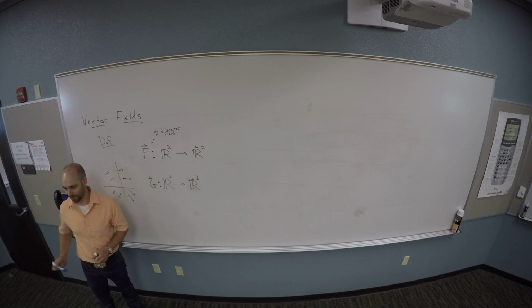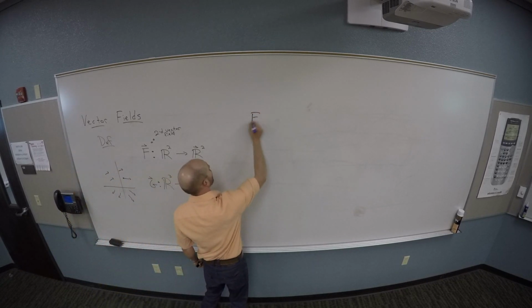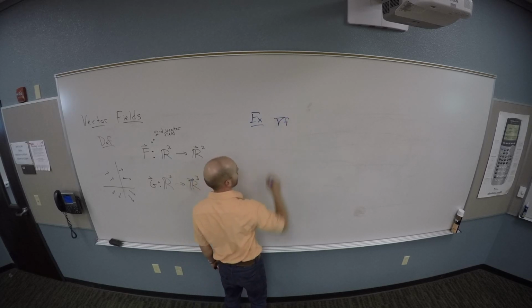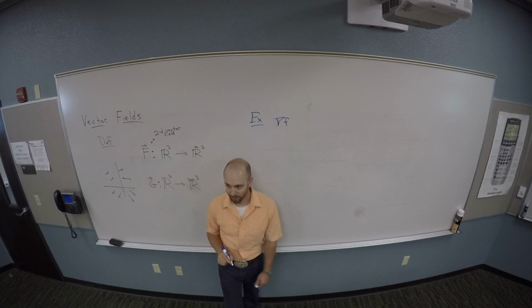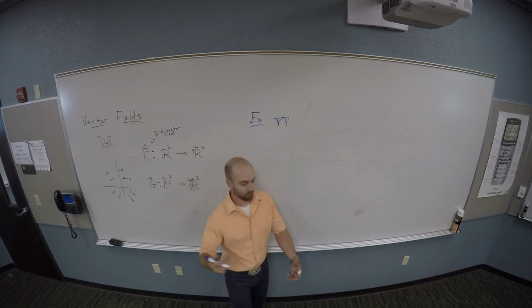Examples? Okay. You guys have already said that the gradient of f is an example. Can you give me a function that has a gradient that's a 2D vector field? 2x plus 2y.